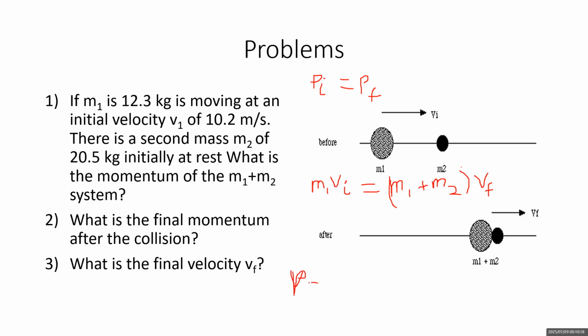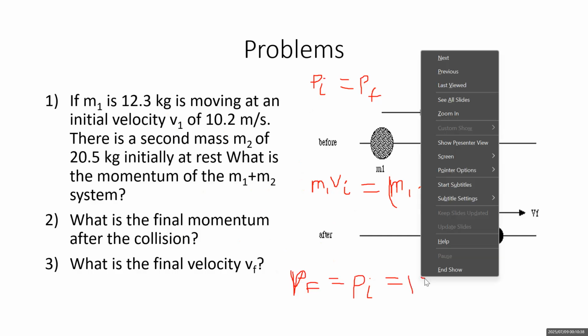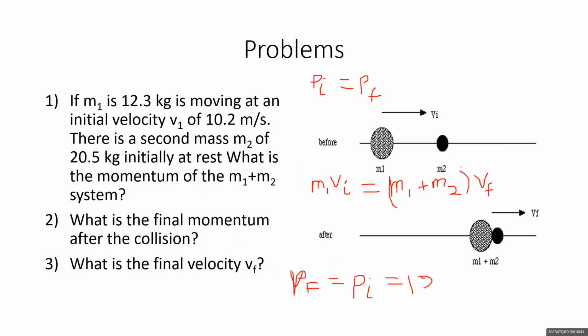P final is P initial. If you plug the numbers in, M1 V initial, 12.3 times 10.2, is going to be 125 kilogram meters per second. The initial momentum is going to be the same as the final momentum.